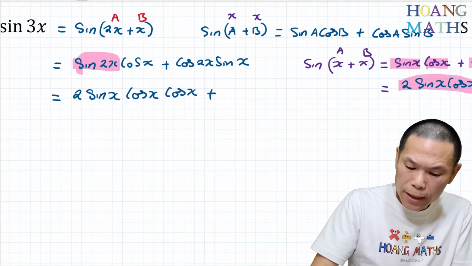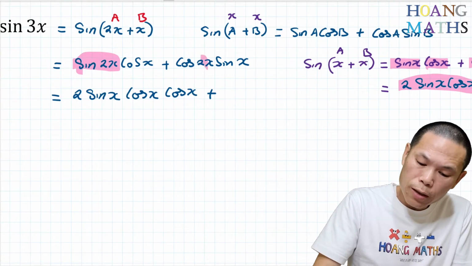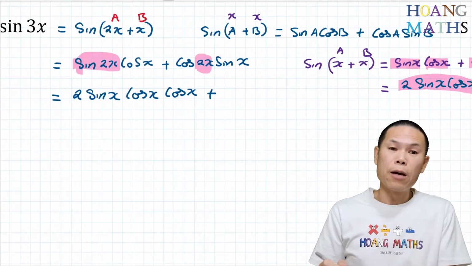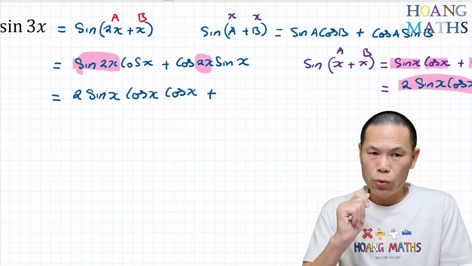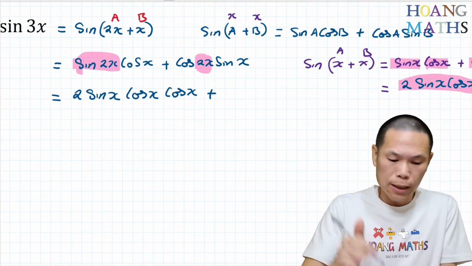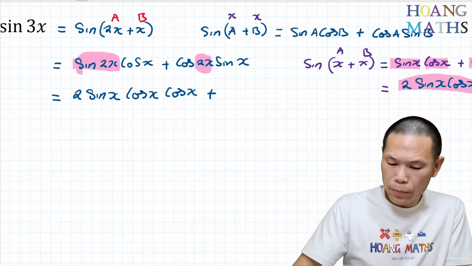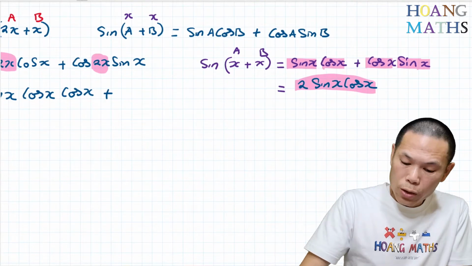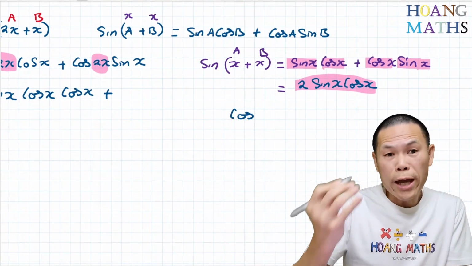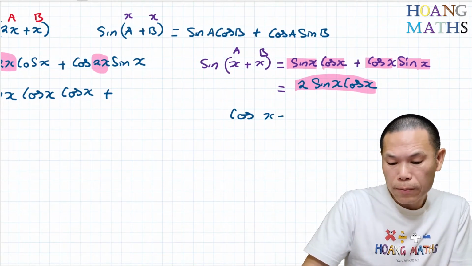And then we add. So we need to expand this further because this is 2x. So we need to write it in terms of x. So cos of 2x, let me just write in here, cos of 2x, which is x plus x.